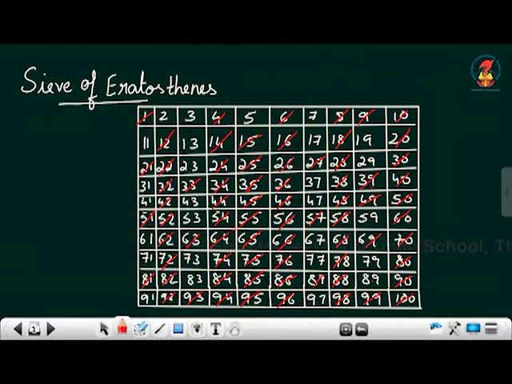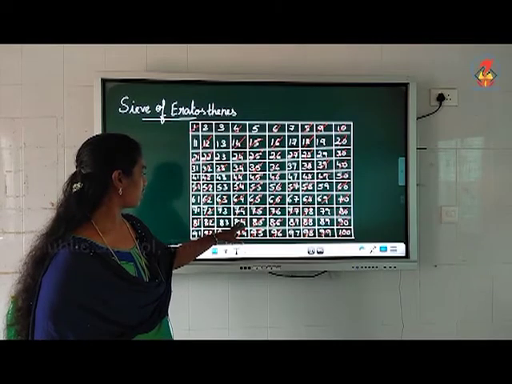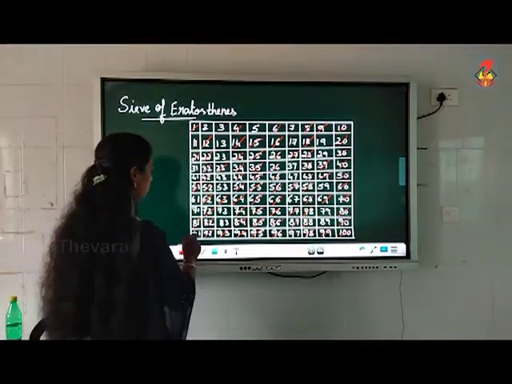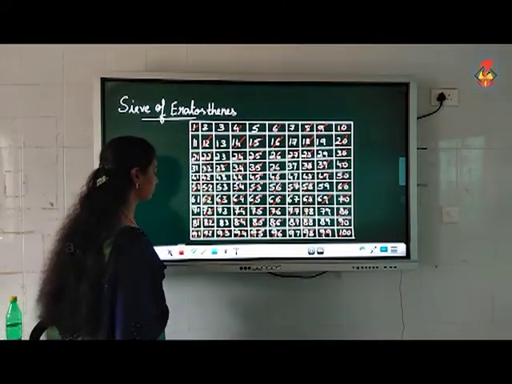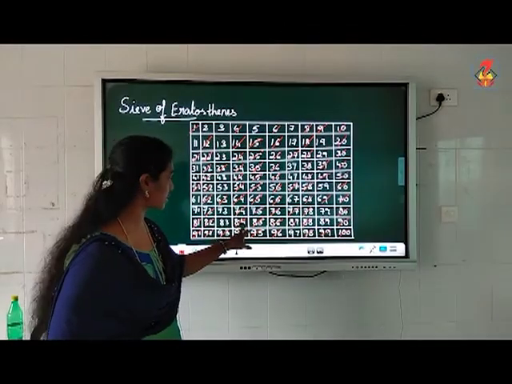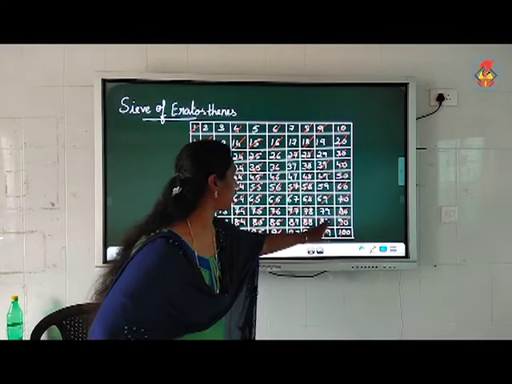Then 7 11s are 77, it is not crossed out. 7 12s are 84, it is crossed out. 7 12s is over, 7 13s are 91, cross it out. After 84 you count 7 steps: 1, 2, 3, 4, 5, 6, 7.